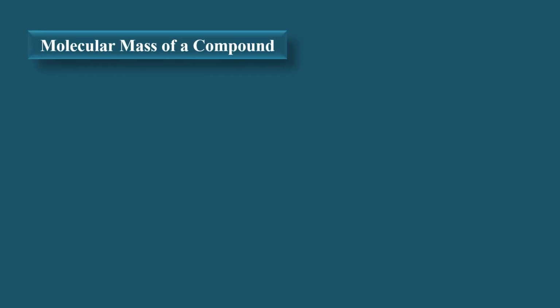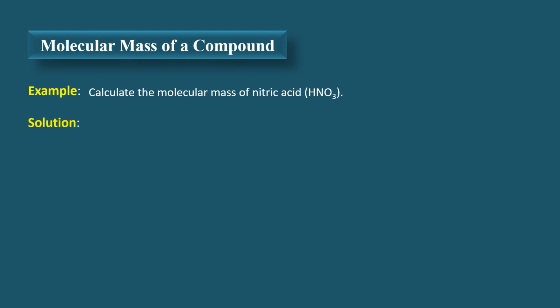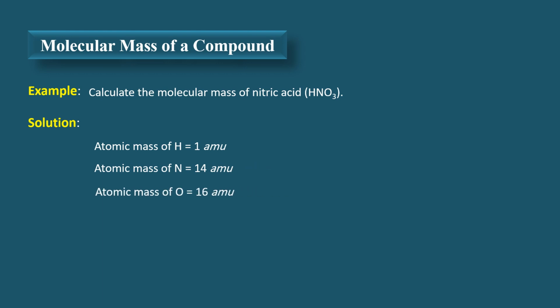To determine the molecular mass of a compound, focus on this example. Calculate the molecular mass of nitric acid, HNO3. To solve this problem, we first write atomic masses of all the elements. So atomic mass of hydrogen is 1, atomic mass of nitrogen is 14, and atomic mass of oxygen is 16, all in AMU.